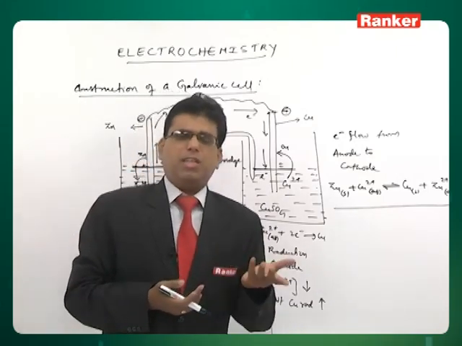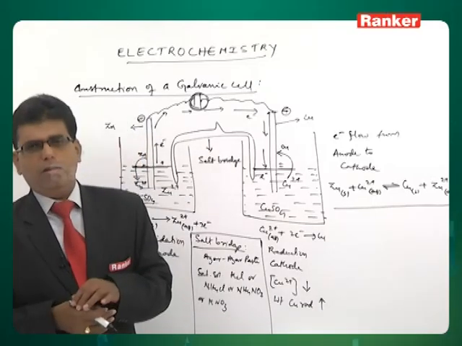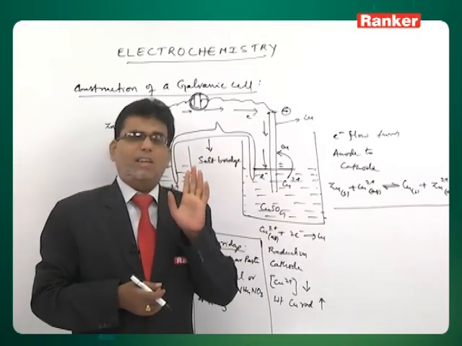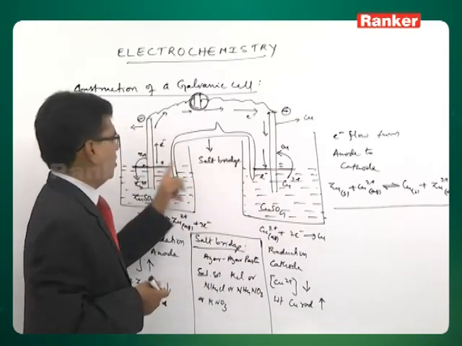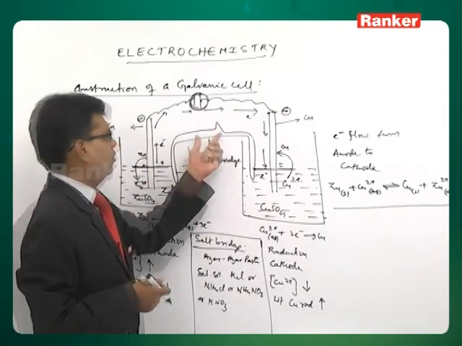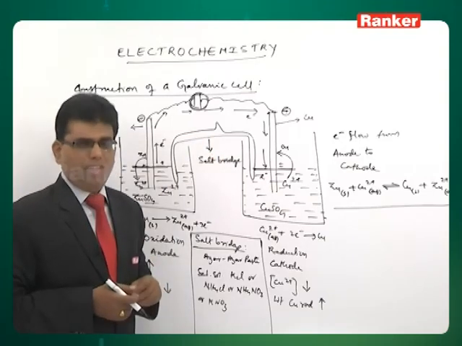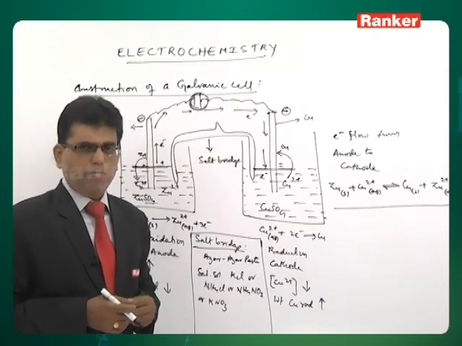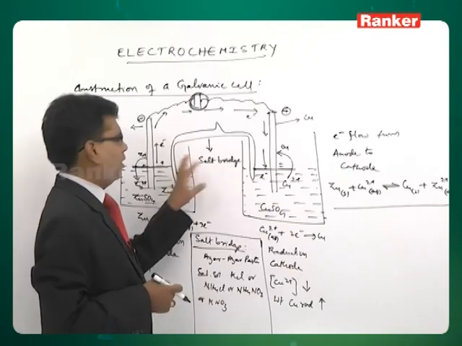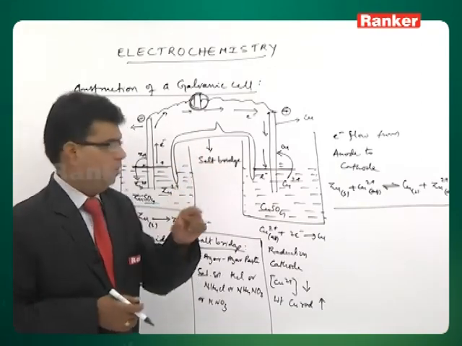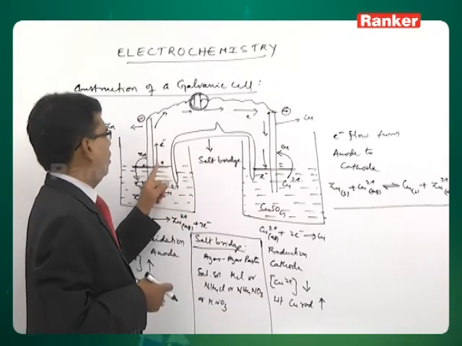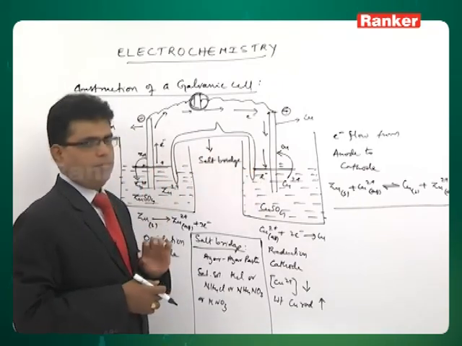If the cell stops working, then there is no purpose of the galvanic cell at all. So, in order to prevent the accumulation of the charges in any of the half cells, we use another small device called a salt bridge. What the salt bridge will do is, it will not allow the accumulation of the charges.